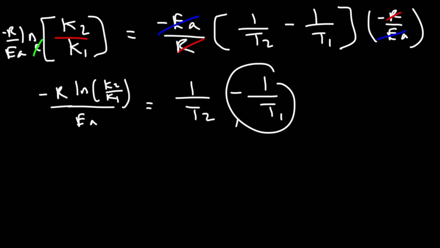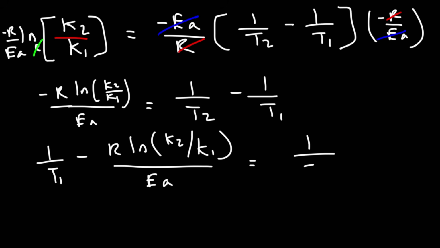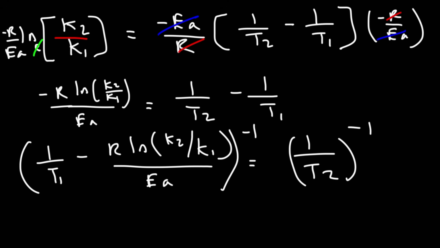So we're going to move this to the other side where it will become positive. So we have 1 over T1 minus R ln K2 over K1 over EA. That's equal to 1 over T2. Now we're going to raise both sides to the minus 1. 1 over T2 raised to the negative 1 power is just T2.